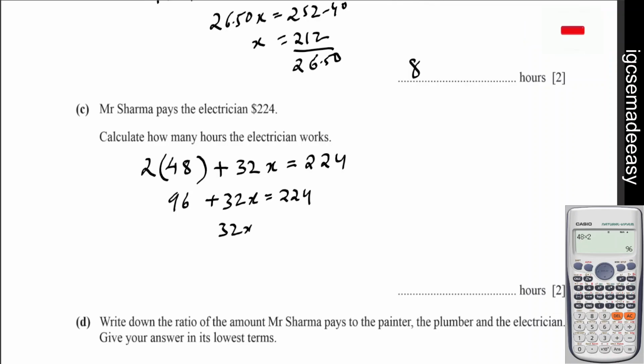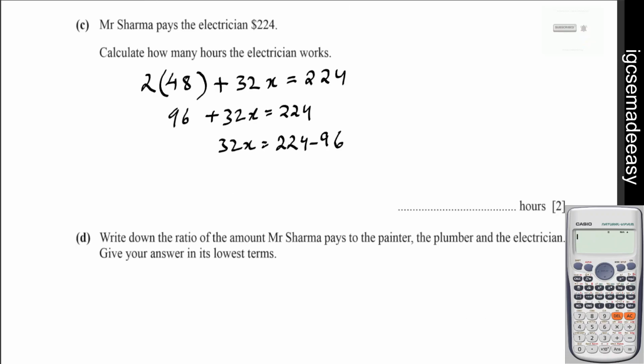So 32x equals 224 minus 96, which gives you 128. So x will be 128 divided by 32. That gives you 4.